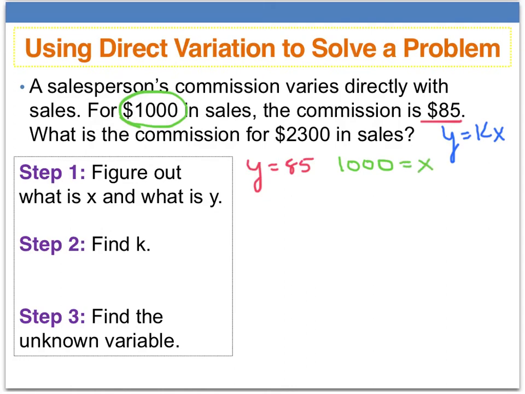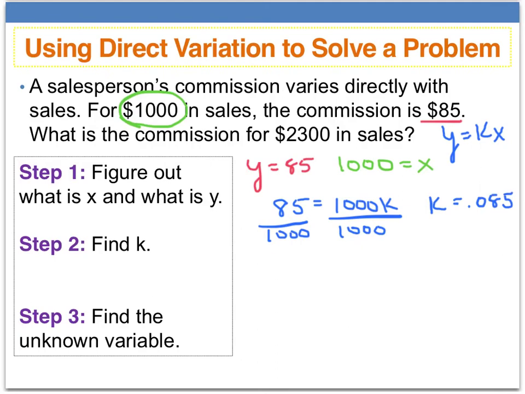So plugging that in, we can solve for k to figure out how much we're making on each dollar. So k is 0.085, which means I'm making 8.5% on every dollar.